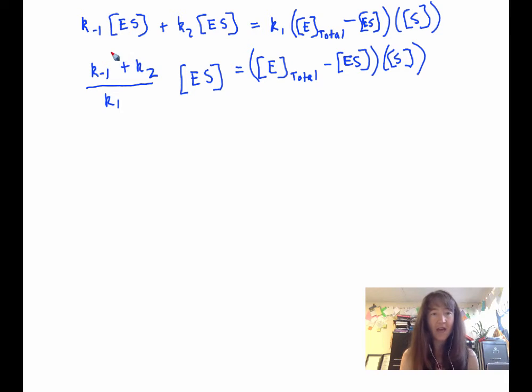But what's cool about that is that, as it turns out, this right here is an expression for Km. So we can replace that entire compilation with Km.